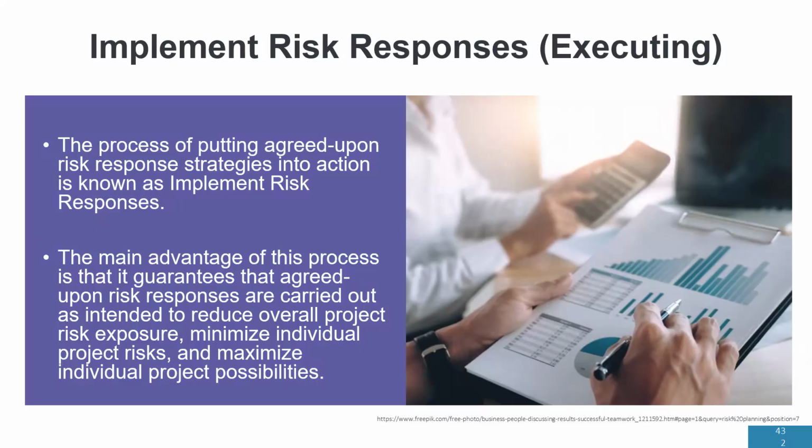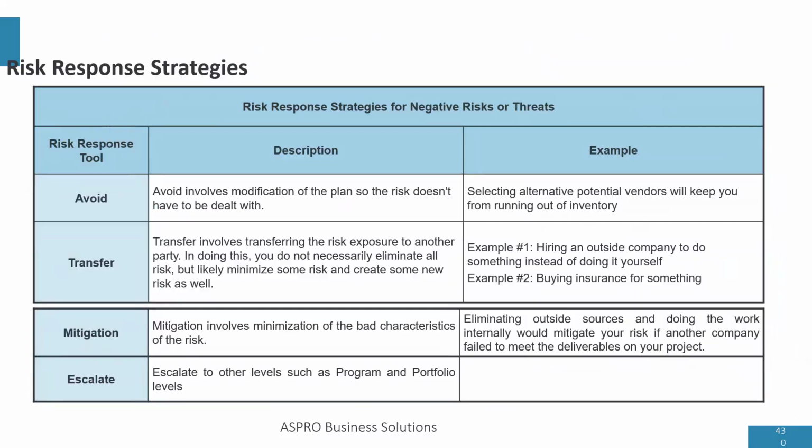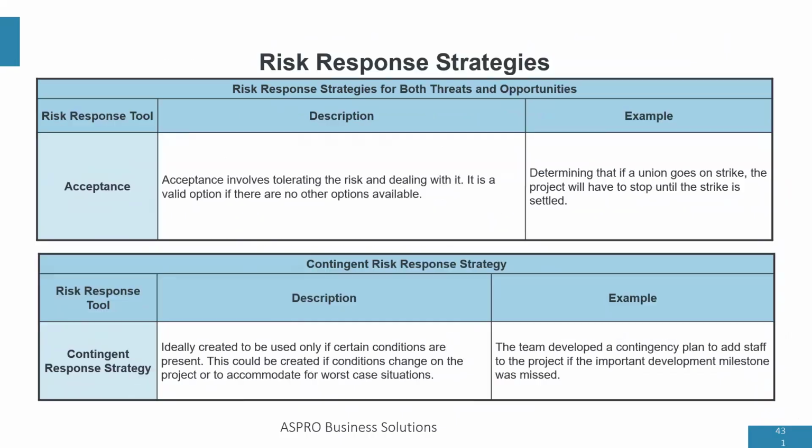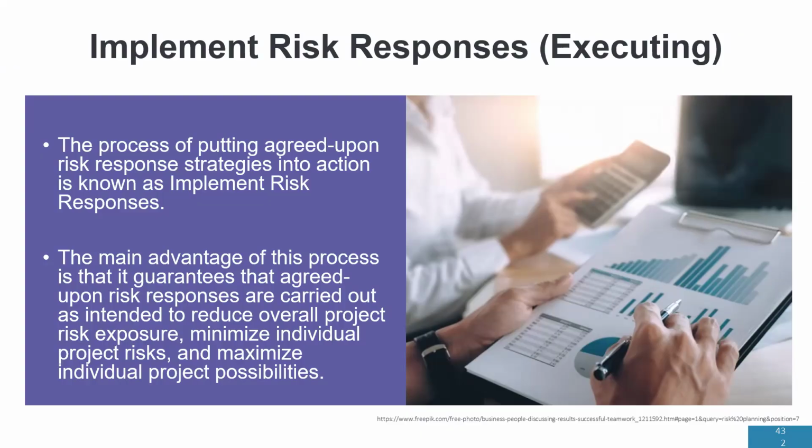Now, what happens here is that we have now completed our plan. This is a plan. Risk response strategies is our plan. Now, when the project goes into execution, that means we now start working on the project and the things that we planned are now happening.